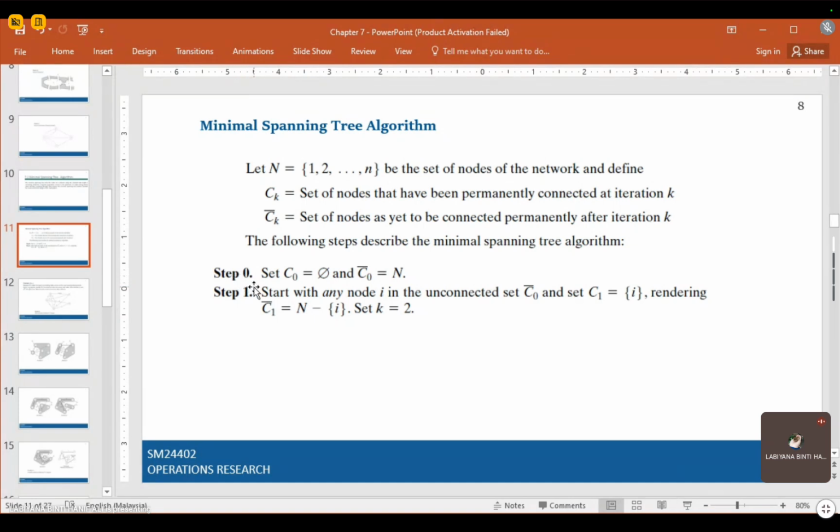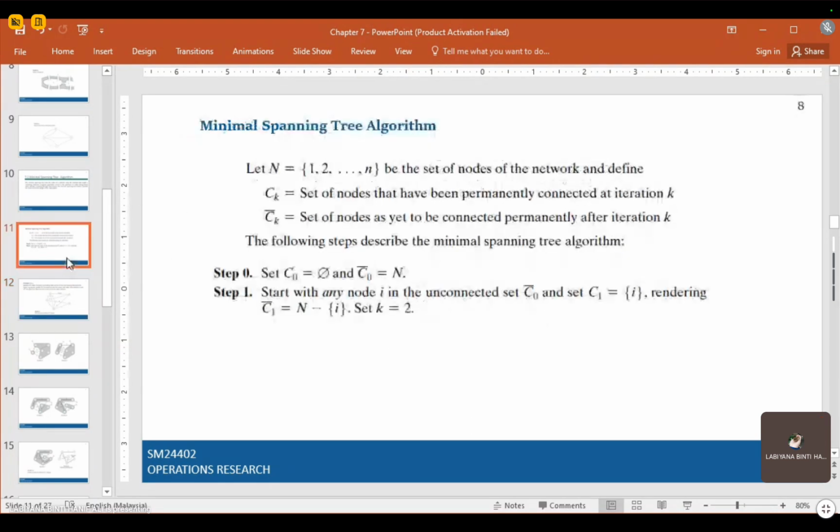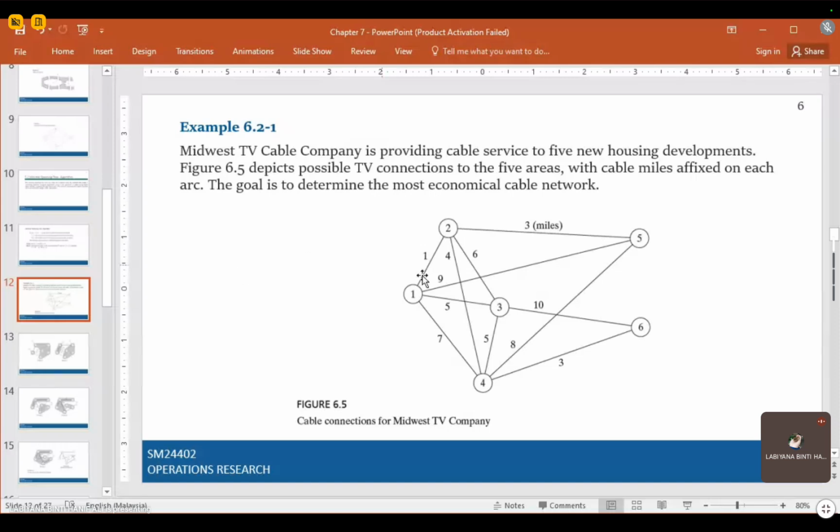We first set our C0 as the empty set, and C0 bar is our N. So in this example, C0 is the empty set, and C0 bar is the set 1, 2, 3, 4, 5, 6, because we have 6 nodes.